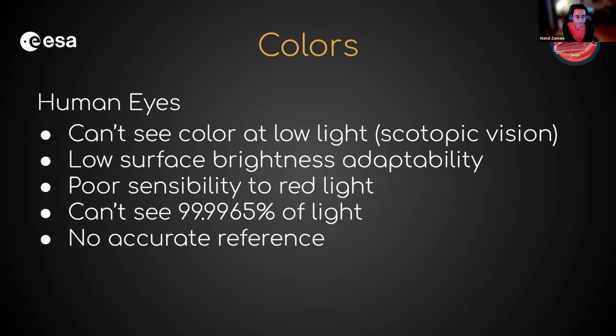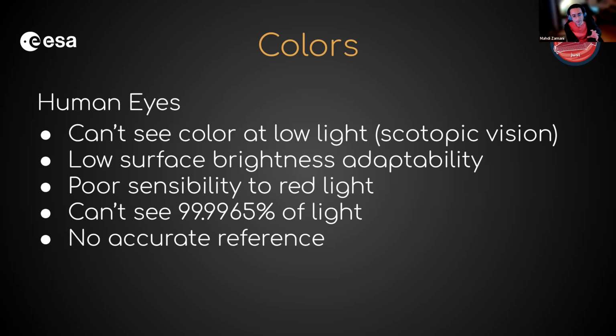And the other thing that is particularly important in astronomy is that human eyes are not a very good instrument for collecting enough light to increase the visibility of low surface brightness objects. Surface brightness is a specific thing that is highly important for observations in astronomy.